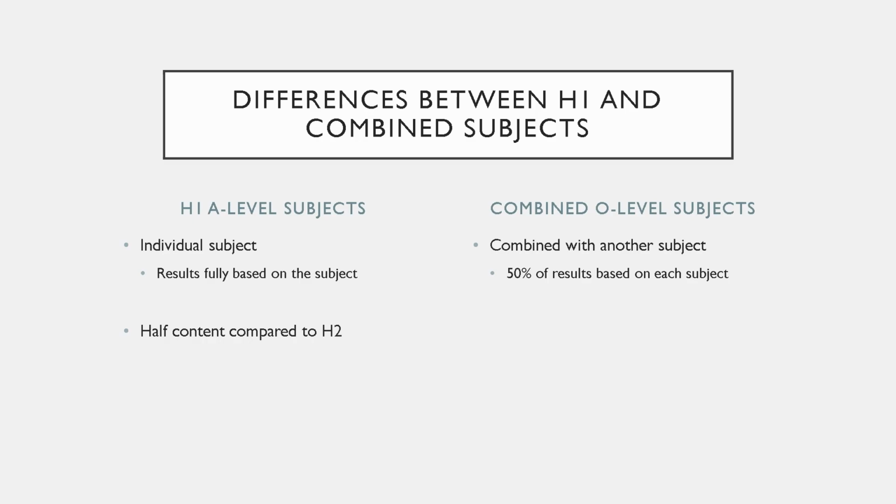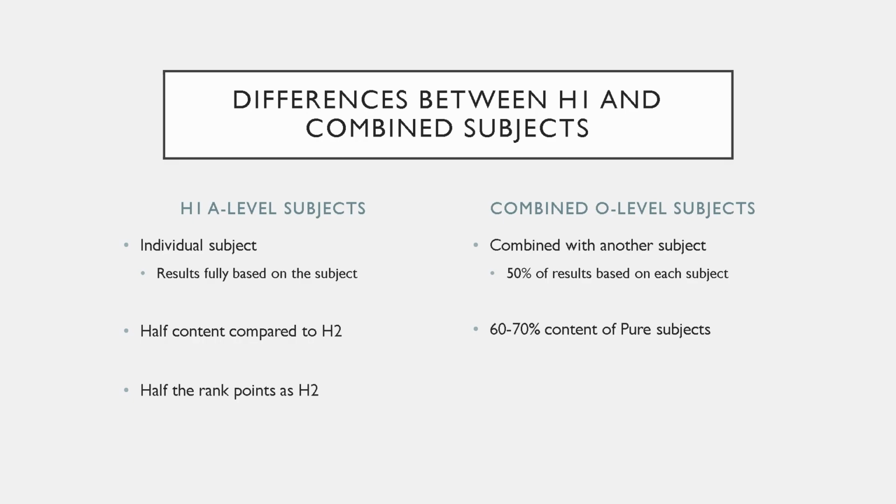Again, this is unlike combined science subjects, whereby around 60 to 80% of the pure science syllabus is included within the combined science syllabus. Lastly, in terms of its overall weightage, H1 subjects have half the impact as compared to H2 subjects. This means that a H2 A grade is worth twice as many points in one's overall A-level results as compared to a H1A.